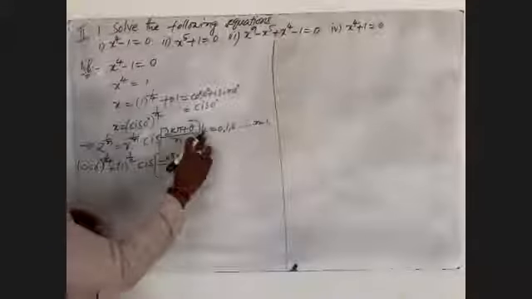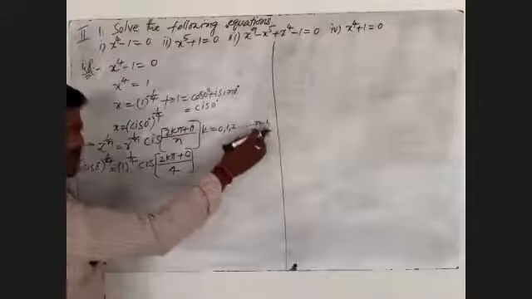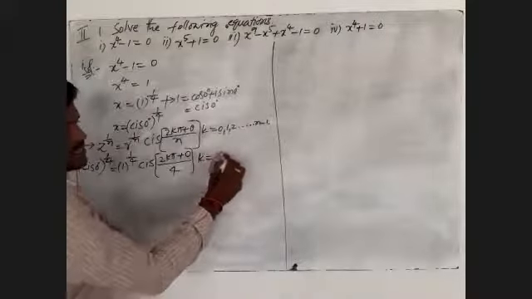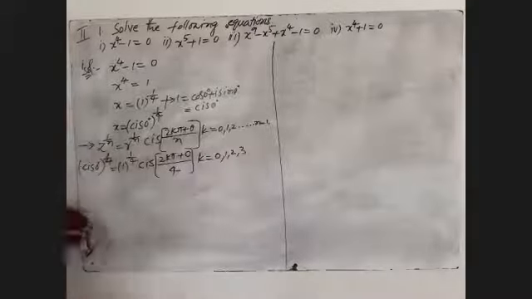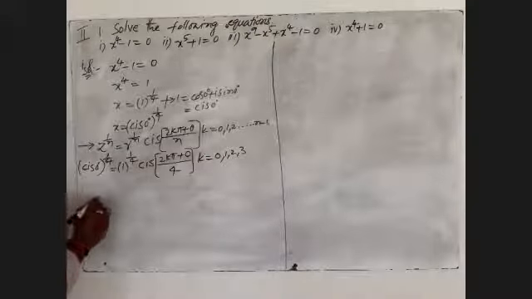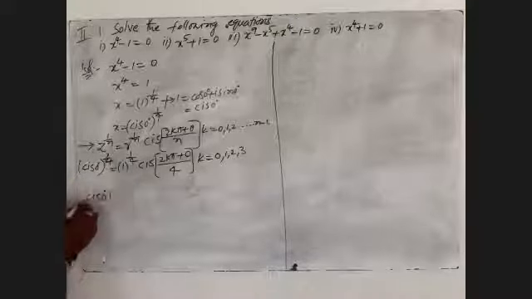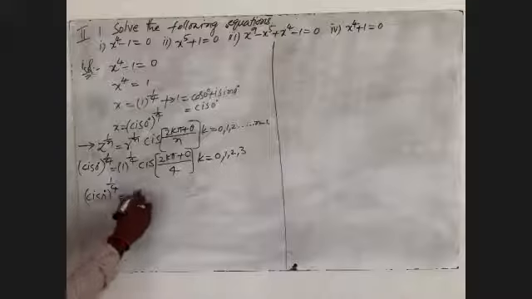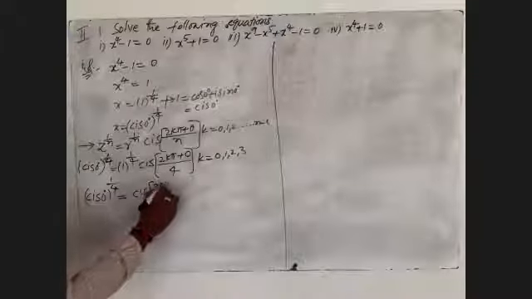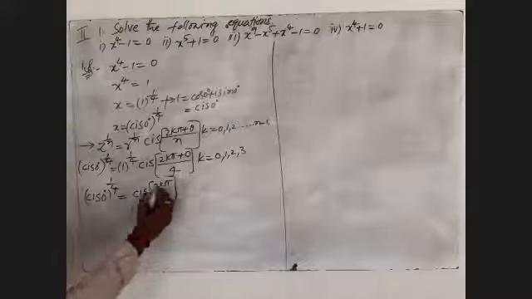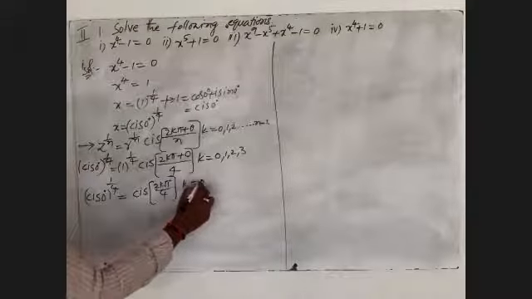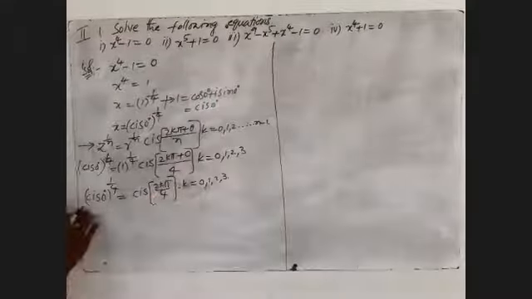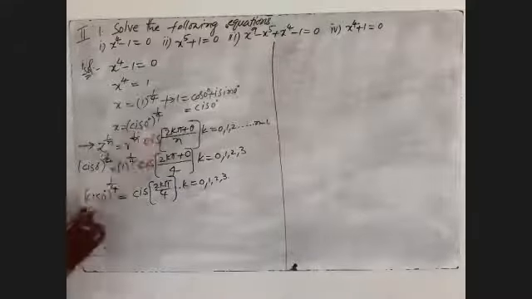Where k is equal to 0, 1, 2 and so on up to n minus 1, with n being 4, so n minus 1 is 3: k is 0, 1, 2, 3. So cis of 0 degrees whole power 1 by 4 is equal to cis of 2k pi by 4, with k equal to 0, 1, 2, 3. This is nothing but x.